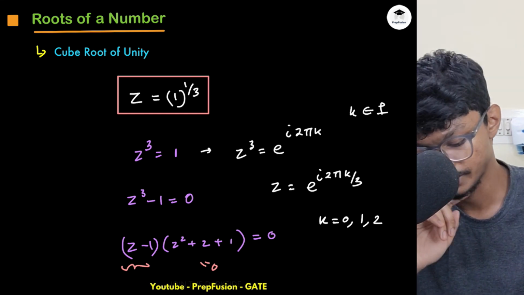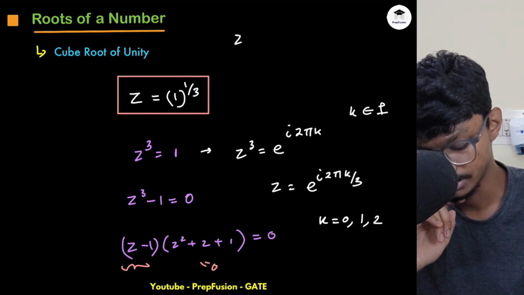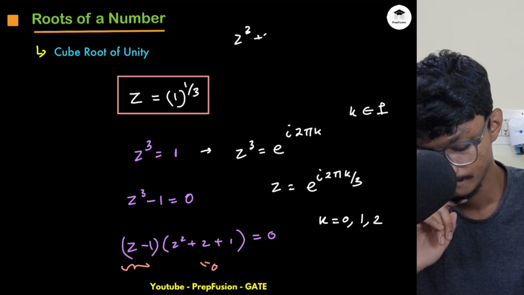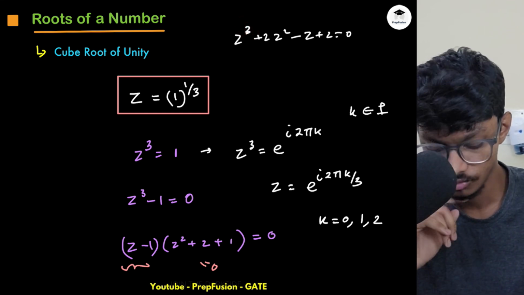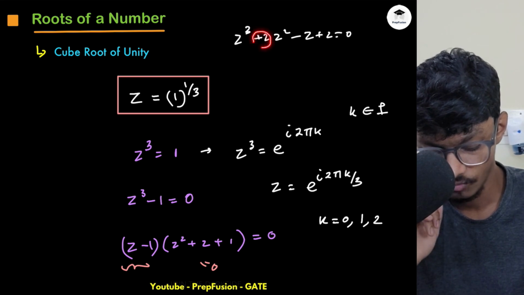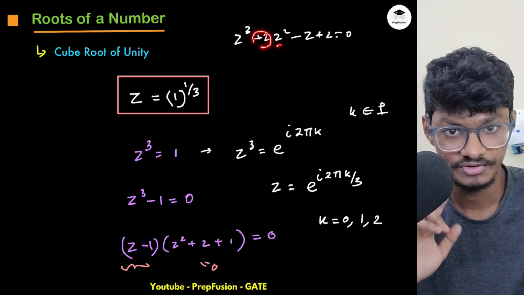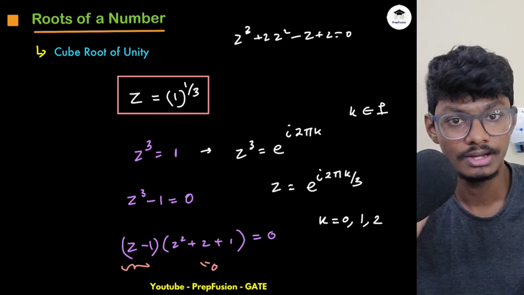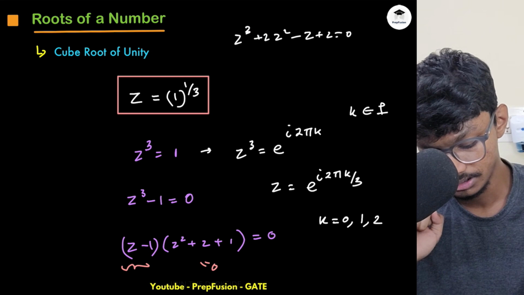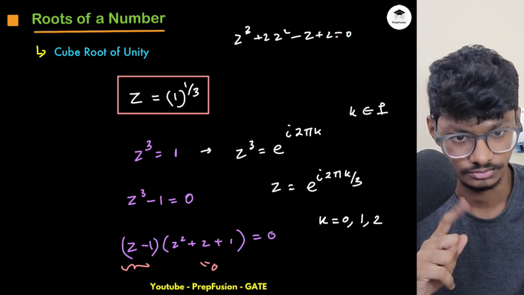If I write z cube plus 2z square minus z plus 2 equals 0, so z cube is this, right? The coefficient of z square is plus 2. So if it is plus 2, that means the sum of roots will be minus 2, and the product of roots will be minus 2 also.